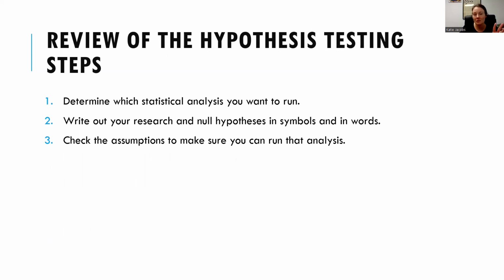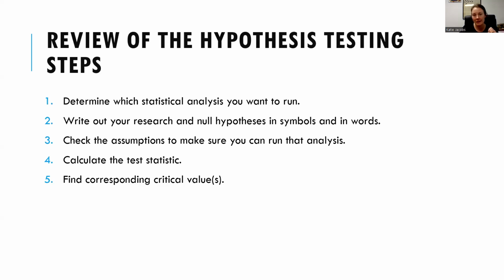We're going to check our assumptions to make sure that we can do the analysis. What's our fourth? We're going to use that formula to calculate our test statistic. What's our fifth one? We're going to find our corresponding critical values. What's sixth? We're going to make our decision. And then what's 7? We're going to conduct any relevant follow-up analyses.